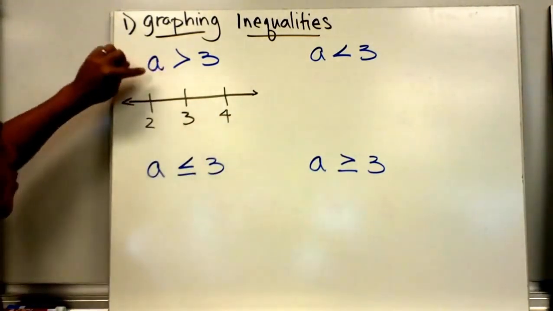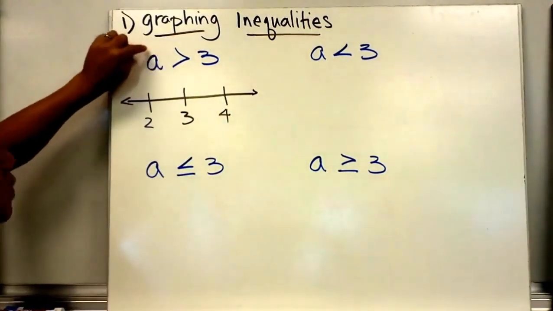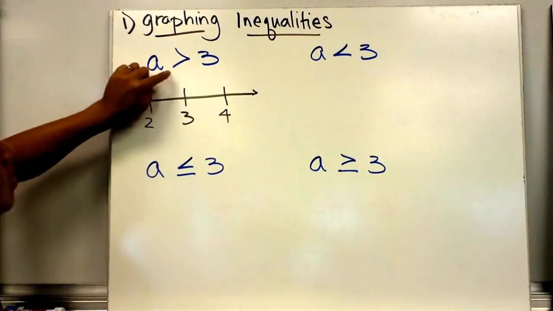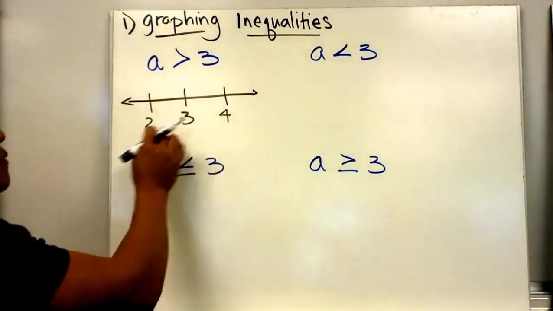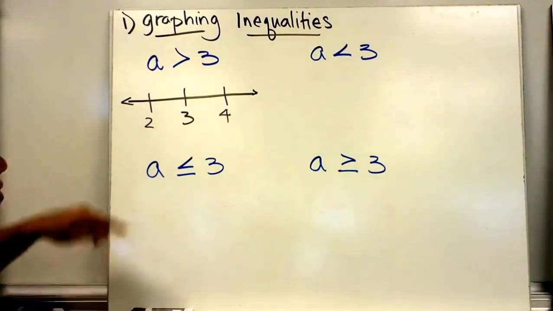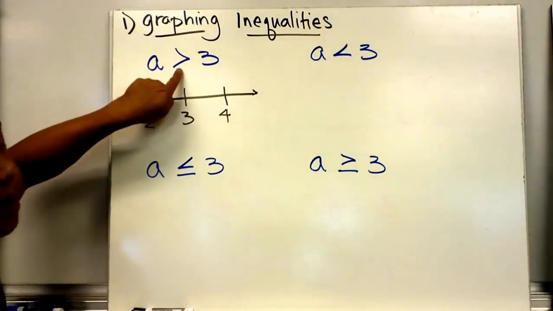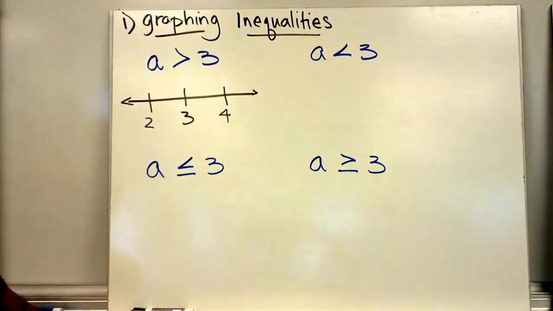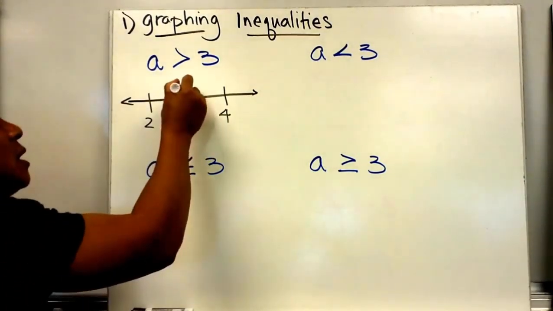Okay? So now we're talking about every answer that's going to be larger than 3. So I'm going to look here. First of all, I'm going to look for 3. And because that is a greater than symbol, I'm going to go to 3 and just put an open circle.